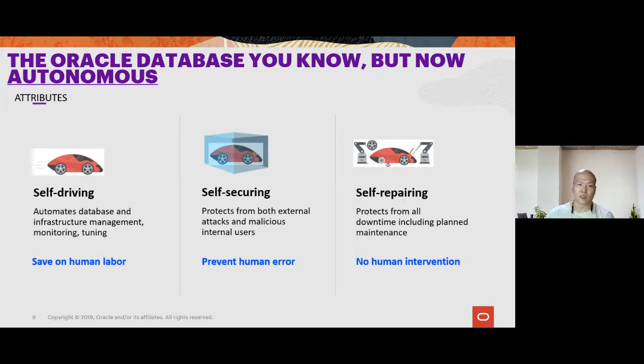It's self-securing, so you don't have to worry about encryption. Everything is encrypted by default and it's hardened to resist malicious actors and attacks. The connection is encrypted by default.